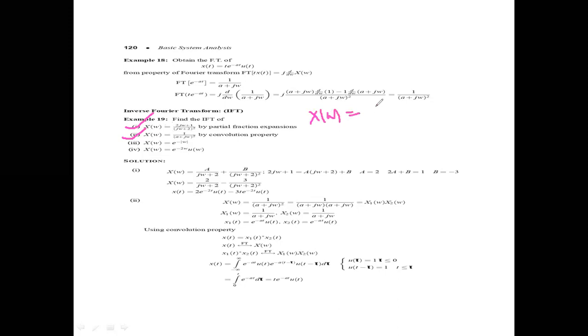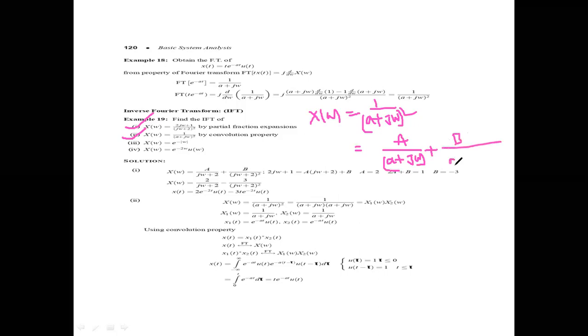You see the x of omega is given as 1 by a plus j omega whole square. We already know this is t into e power minus at mu of t. By using the partial fraction expansion method, a by a plus j omega plus b by a plus j omega whole square.